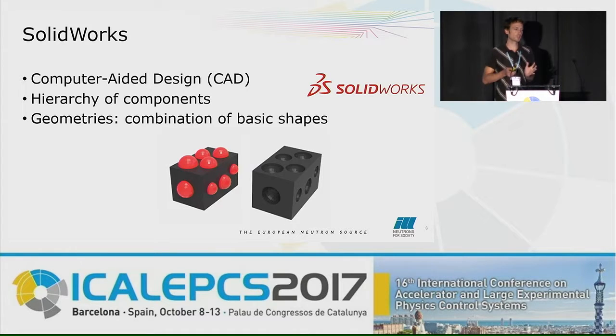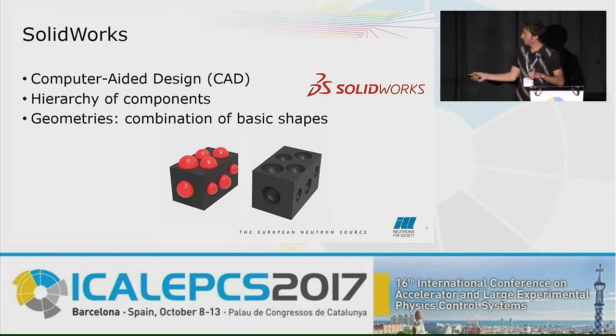These geometries are combinations of basic shapes that can be prisms, cylinders, spheres, and these combinations are additions or subtractions. I gave an example where you can see on the left a black cuboid and some red spheres, and the subtraction of the red spheres from the cuboid gives this.